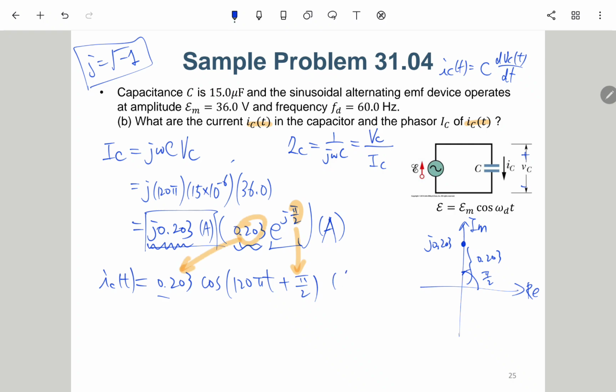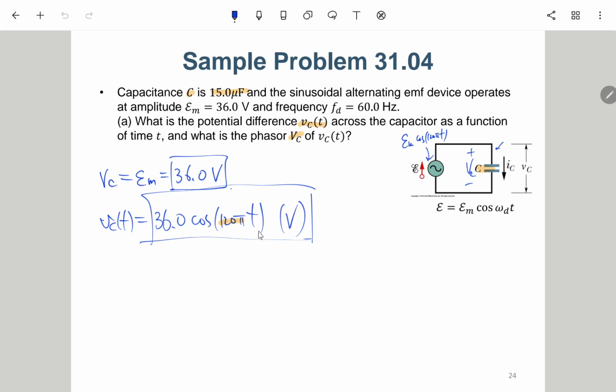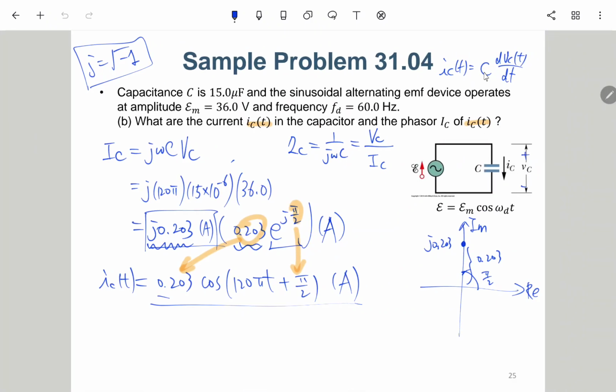So this is a time domain function. If you don't believe it, you can try to plug in this VC of t to here, then you will get the same result. So this is the sample problem for the capacitor.